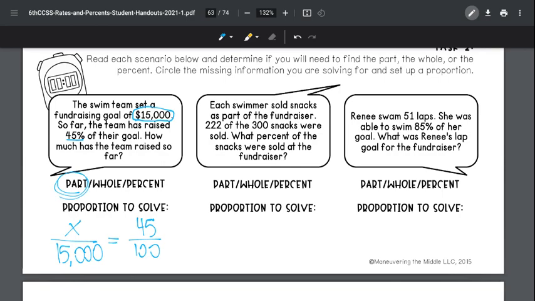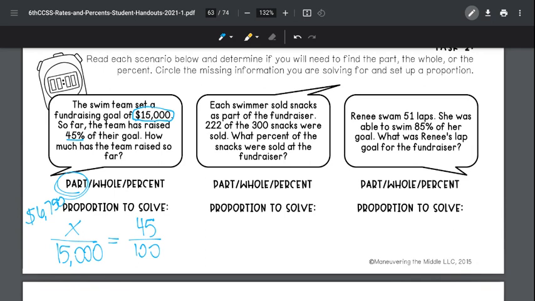We're looking to see how much of the $15,000 have we got so far? And 15,000 cross multiply and divide times 45 divided by 100. They've raised $6,750 so far. Great start.